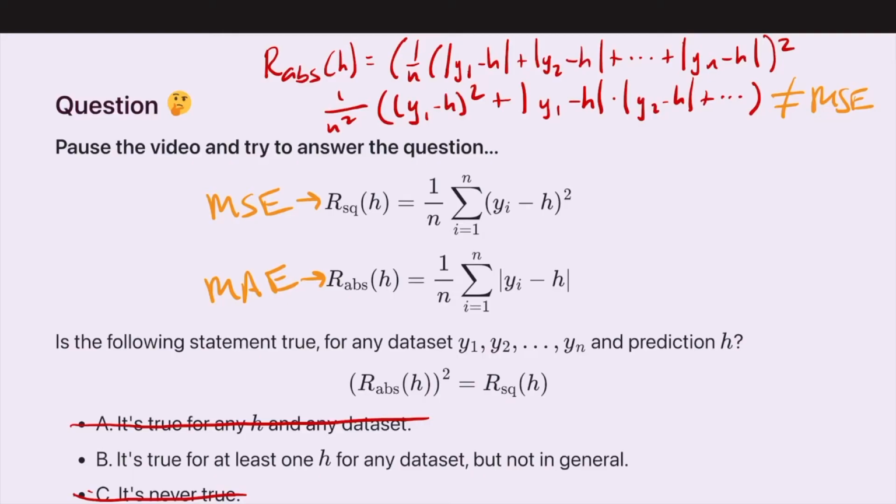And one way to think about that is, if we have the graph where we have mean squared error, let's do that in green.